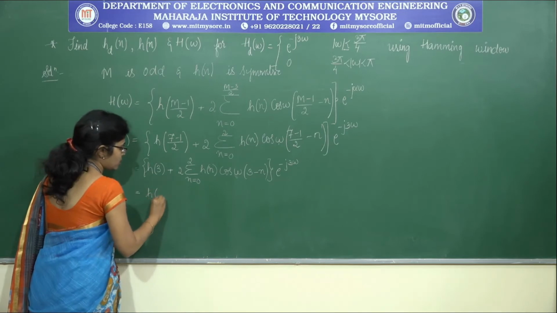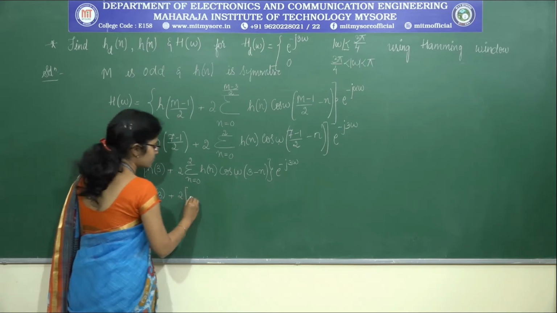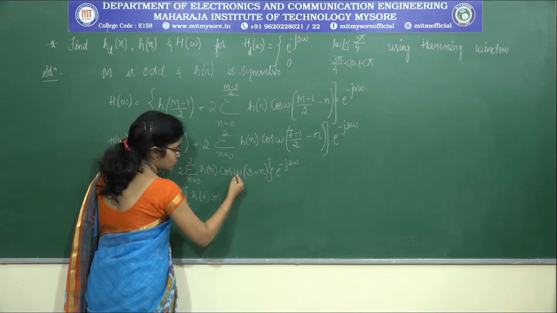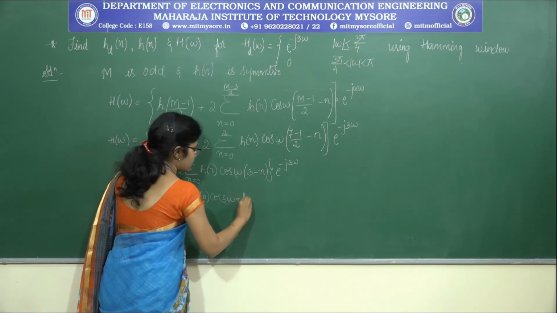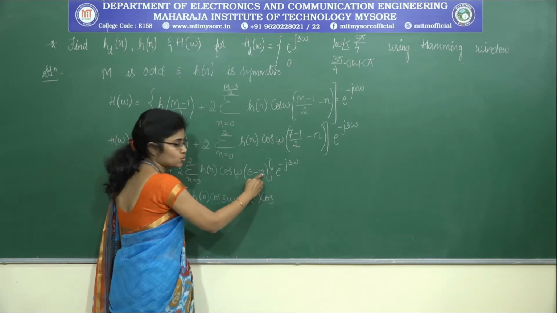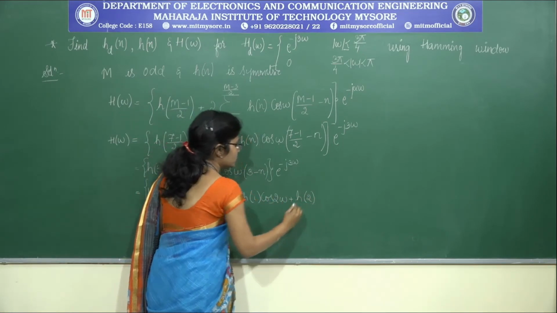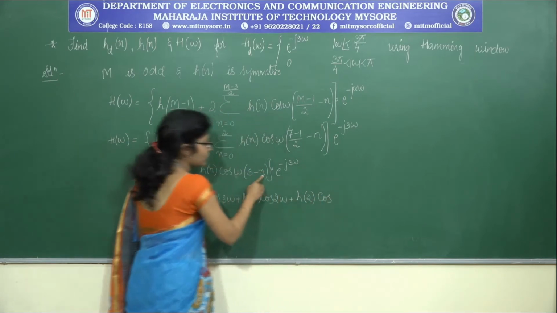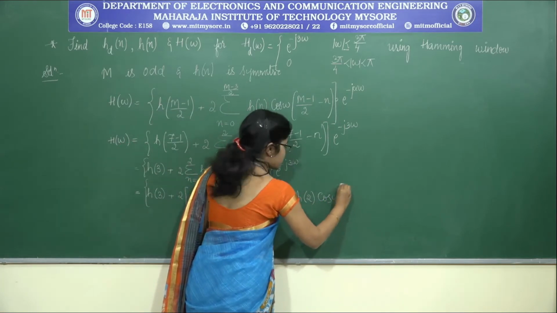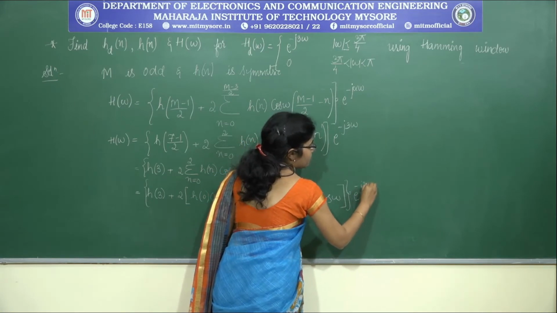So if we do so, h of 3 plus 2 into h of 0 cos 3 minus 0 is 3, 3 into omega is 3 omega plus h of 1 into cos 3 minus 1 is 2, 2 into omega is 2 omega plus h of 2 into cos, the value of n is 2, 3 minus 2 is 1, 1 into omega is omega. So let me close the bracket into e power minus j 3 omega.